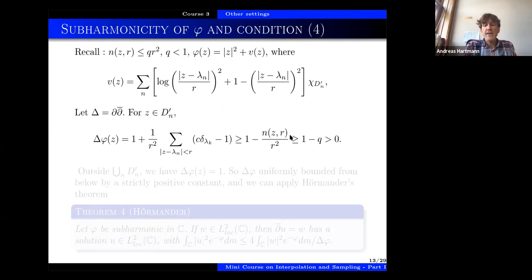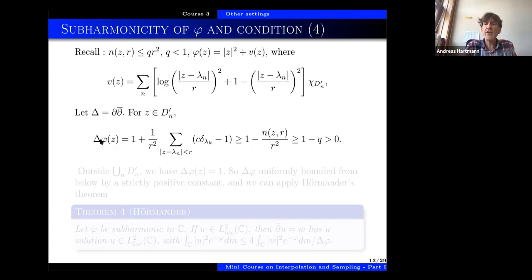And since in Hartmann's theorem the Laplacian of phi appears in the denominator, it's even better if it's uniformly bounded. And this is a consequence of the density condition. Everything is written here.